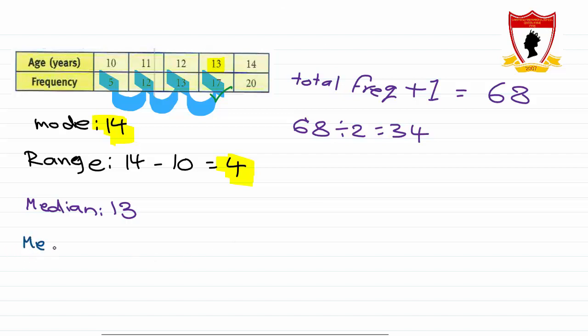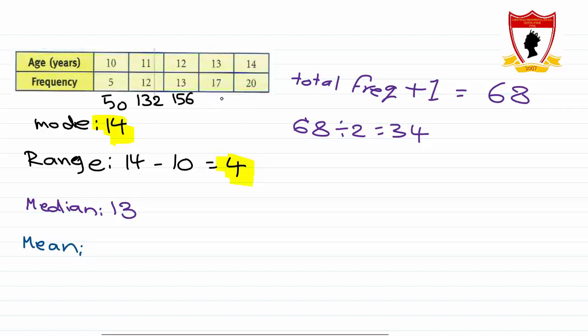Mean. To find mean, the best way, as you know, we need to add a new row to the table by multiplying the data by the frequency. 10 times 5 is 50. 11 times 12 is 132. 12 times 13 is 156.